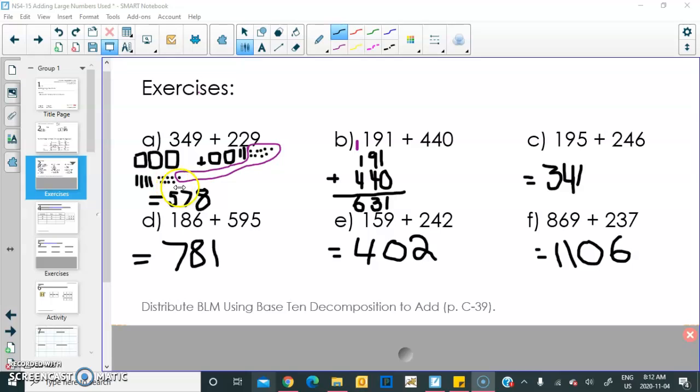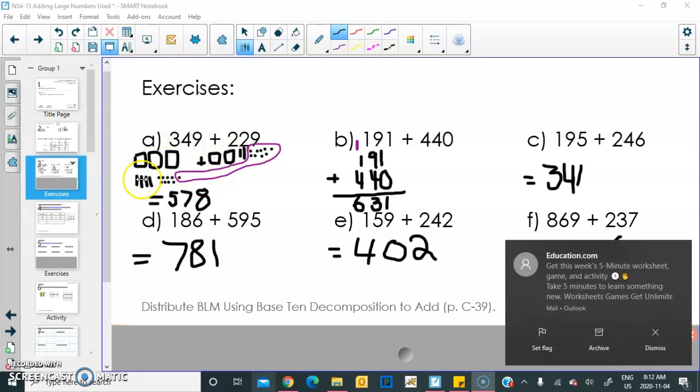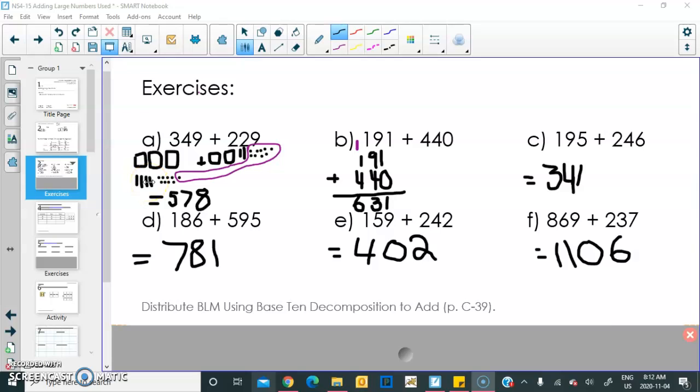So because we had a group of 10, we kick that one group of 10 ones over to the 10s, okay? So we now have 4 10s plus 1 10 plus 2 10s to equal 7 10s. And we have 3 100s plus 2 100s to equal 5 100s. So our answer should be 578. Okay? So if you got that, you got it correct.